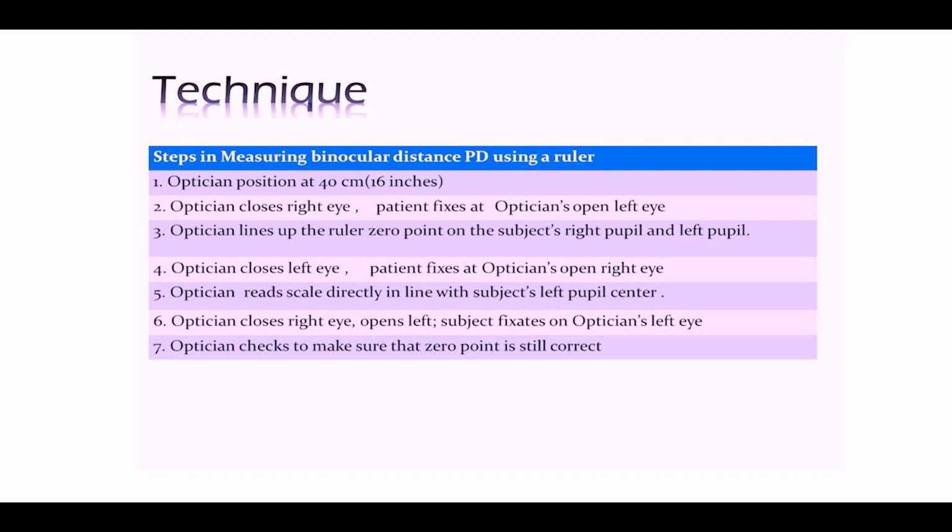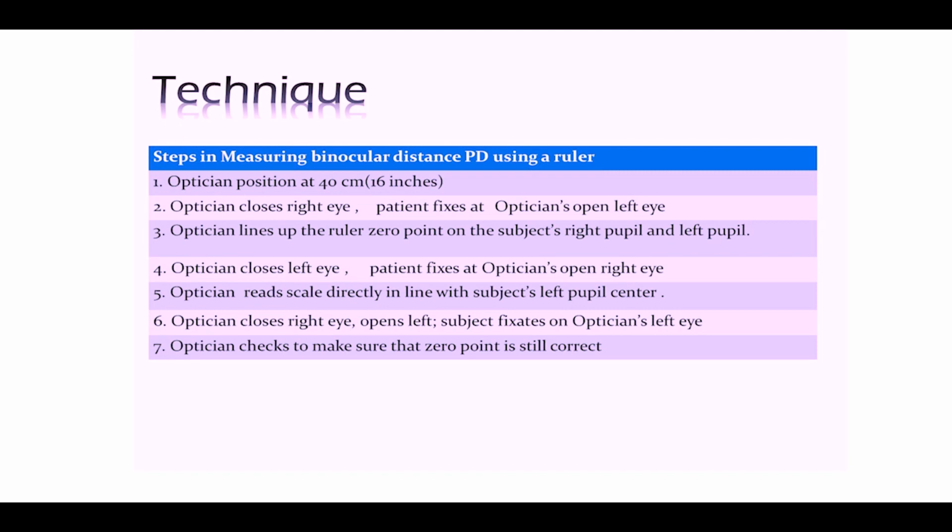If you want to cross-check it, close your left eye, open your right eye, and let the patient look into your right eye and repeat the same thing. Check whether the distance that you measured before and the distance that you measure now are the same, or if there is an error.